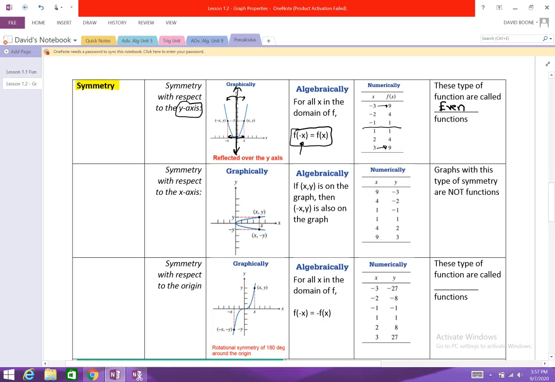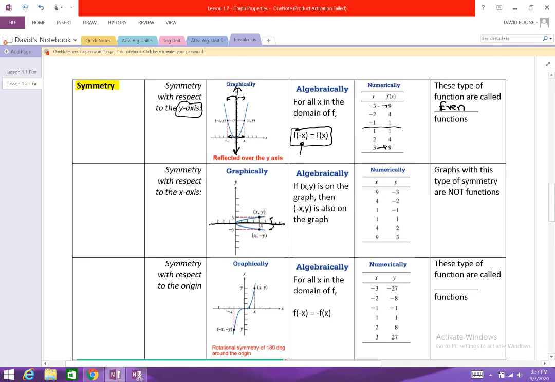we call these even functions. All right. The symmetry to the x-axis is kind of the same idea, now looking at the x-axis. Again, whatever is on the top is the same as on the bottom.